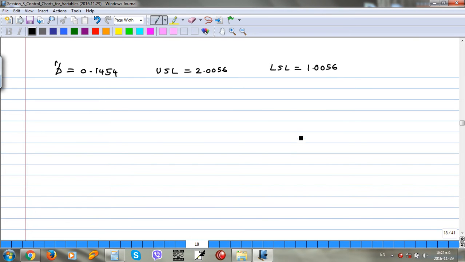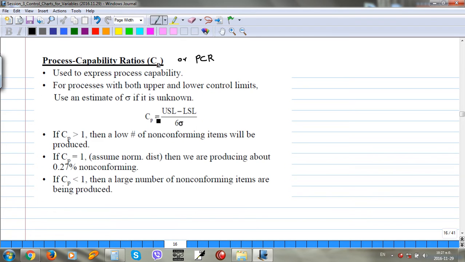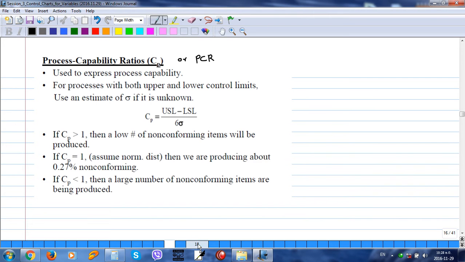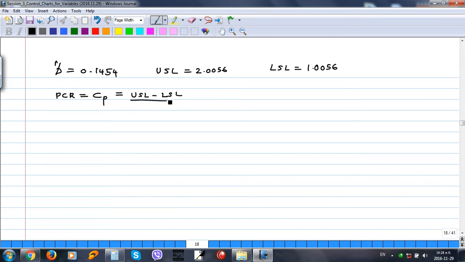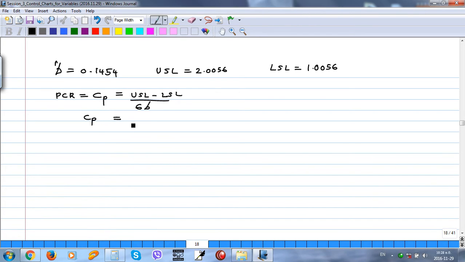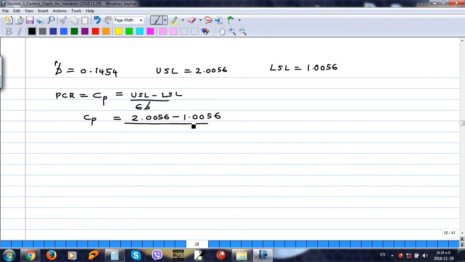Now we can use the equation PCR equals USL minus LSL over 6 sigma to find the process capability ratio. Cp equals the upper specification limit, 2.0056, minus the lower one, 1.0056, divided by 6 sigma.